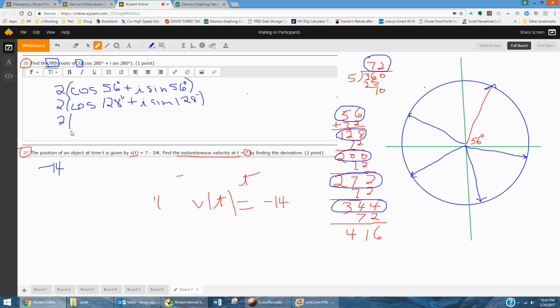Okay, so the numbers that I have circled over here in blue, that's your answers. So I won't write them all down. The last one, 1, 2, 3, 4, 5. The 5th one is 2 cosine of 344 plus i sine of 344.